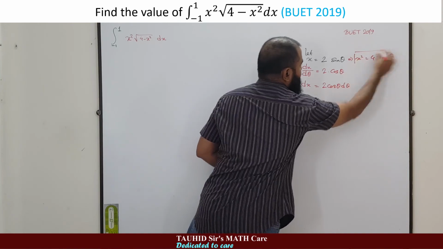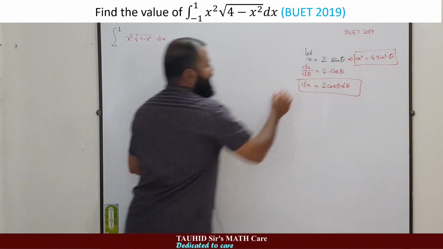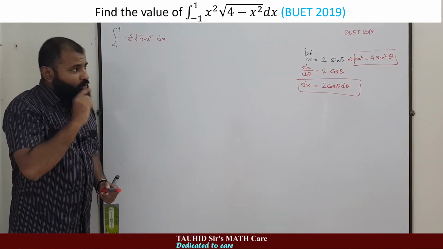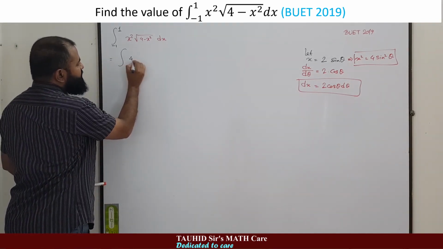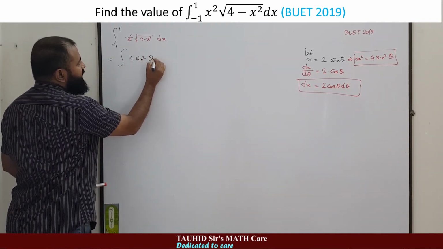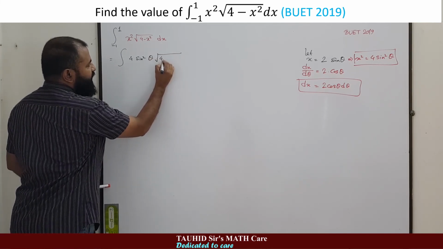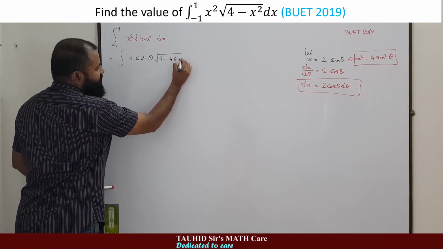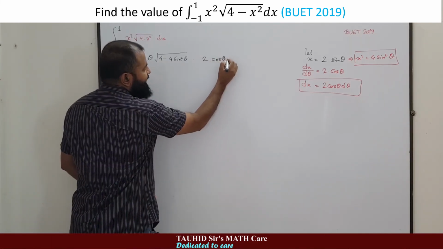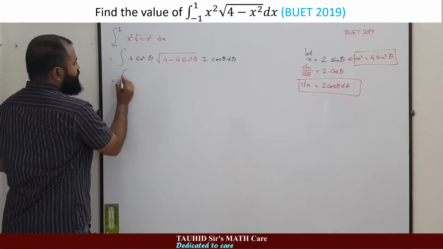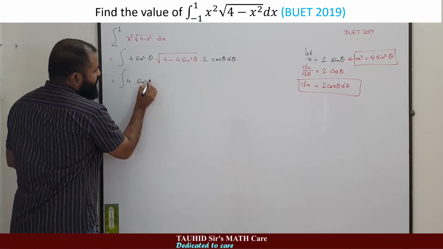Okay, we found the value of x square and the value of dx. So we will put these values here. Integration of x square means 4 sine square theta multiplied by root over 4 minus 4 sine square theta, and dx means 2 cos theta d theta.